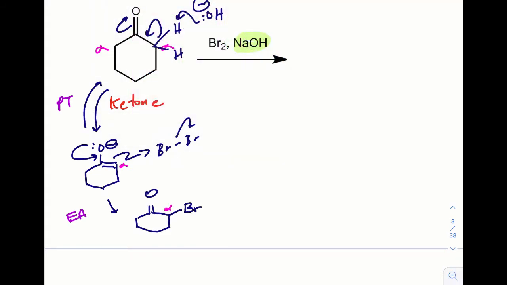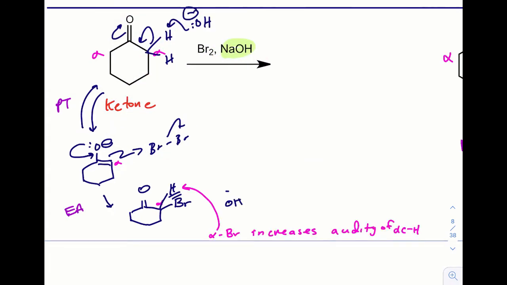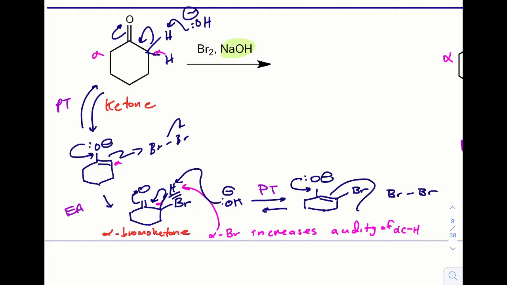alpha bromoketone. Now, this alpha bromoketone has an electron withdrawing group, and that electron withdrawing group makes this alpha carbon even more acidic than it was before. And so this alpha brominated ketone continues to react. So an enolate is generated again. And it reacts again with bromine in an electrophile addition step, generating this dibromo.